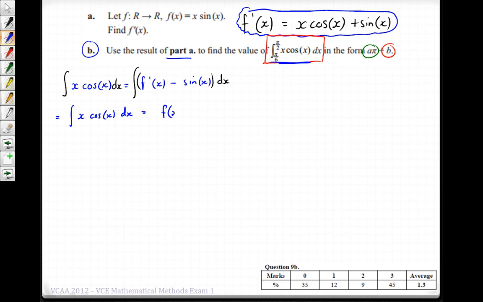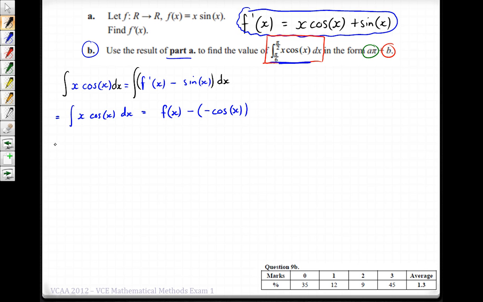So that's just going to be f of x, f dash goes to f of x, and negative sine x from our formula sheet goes to negative cos of x. And technically you'd have a plus c value there, but we can just let that be 0 or ignore it, because when we're doing our evaluation of our definite integral, we'll go f of b take f of a, and any c's within those would just cancel anyway. So we don't need to worry about a plus c term there. So we'll just get rid of it completely.